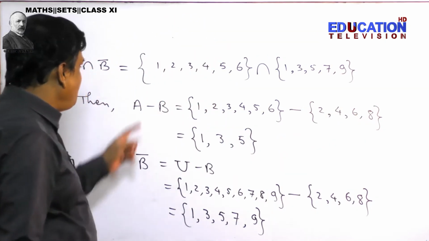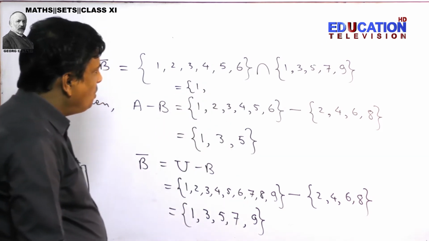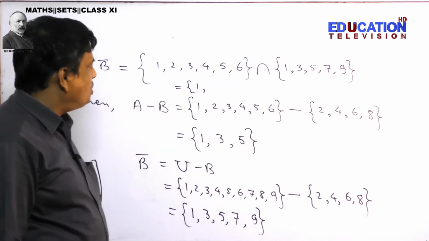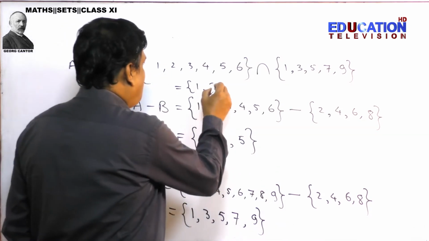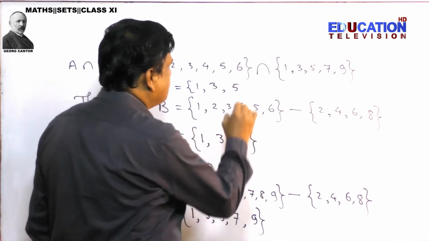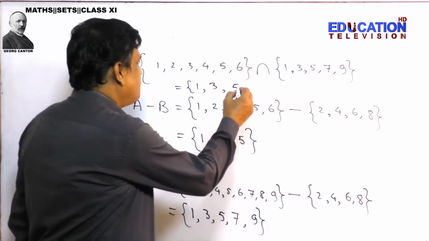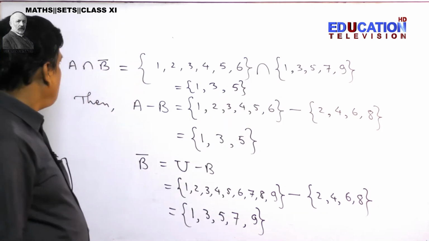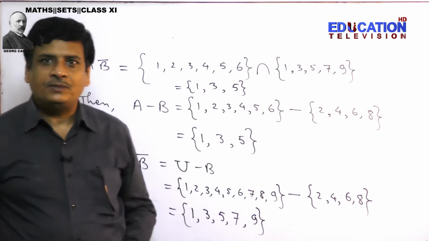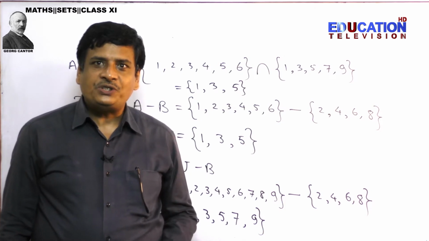What are the common elements in these two sets? 1 belongs to both sets. 2 is only in A, not in B complement. 3 is in both. 5. 6 is in A, not in B complement. So A intersection B complement has these 3 elements, which are also in A minus B. So these are equal. So with the help of the example also, these two sets have been shown equal.